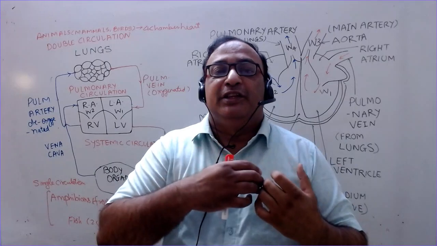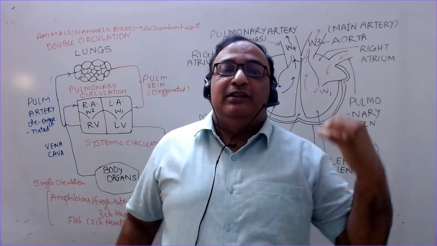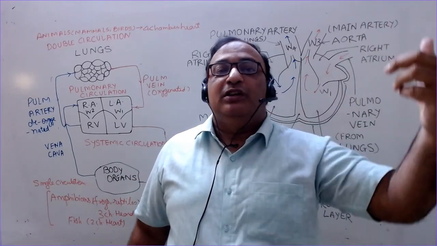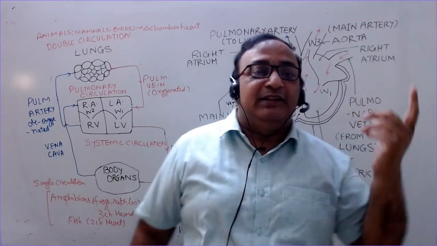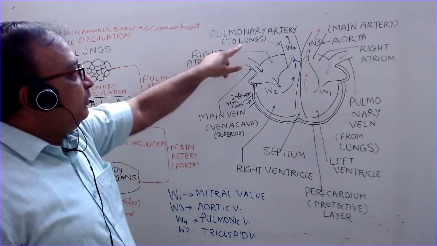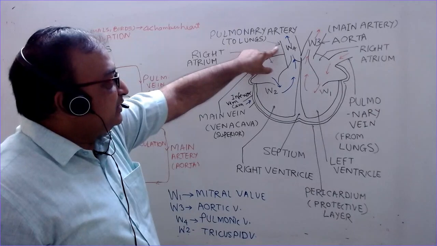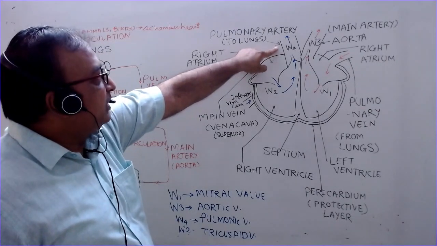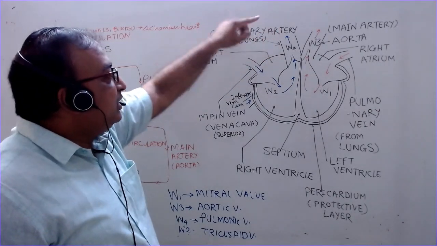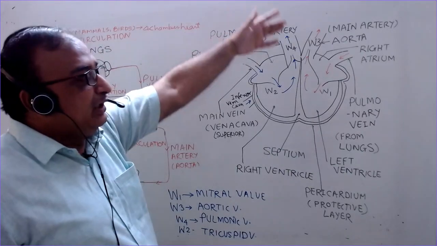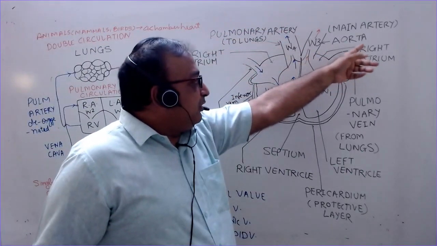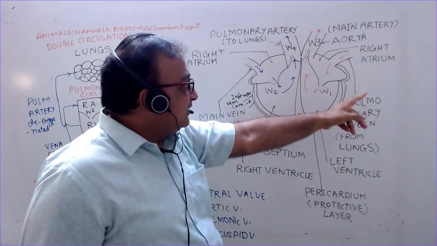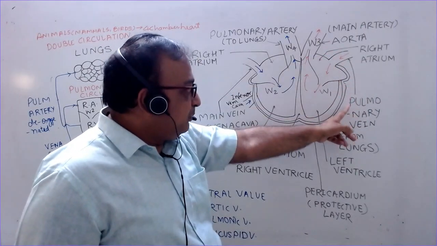A vein brings the blood to the heart, and the blood which is going to the lungs goes through this artery. Because this is going to the lungs, we call this the pulmonary artery. Pulmonary means related to the lungs.